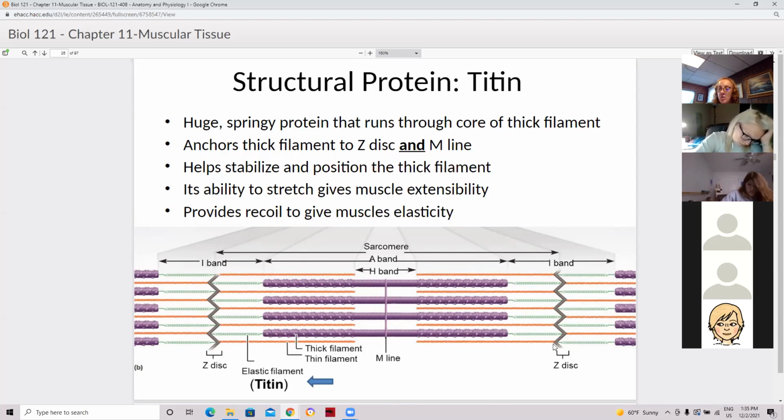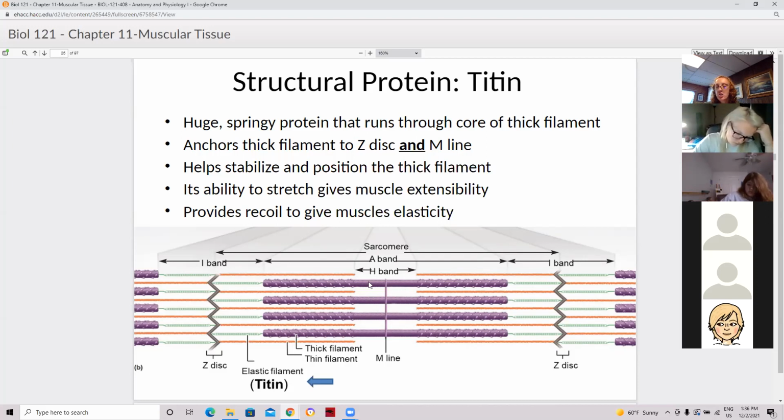Where there is only the thin filaments, the actin, that's the I band. Right here to right here. Keep this in mind. Over the weekend, spend time looking at that and making sure you know it, because it's going to be important later.